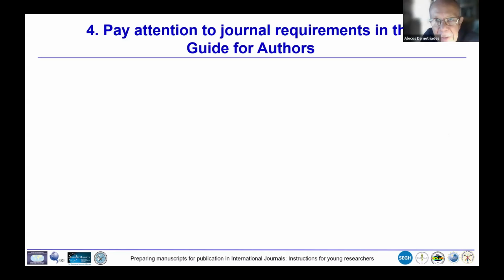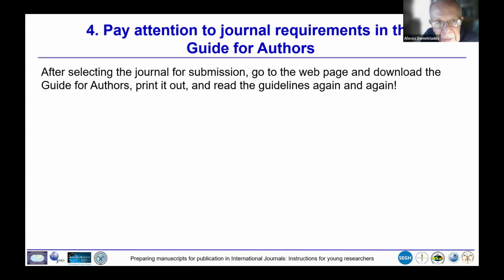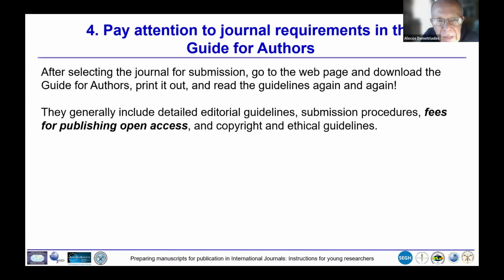You have to pay attention to journal requirements in the guide for authors. After selecting the journal for submission, go to the webpage and download the guide for authors. Print it out and read the guidelines again and again and understand them. They generally include detailed editorial guidelines, submission procedures, fees for publishing open access.